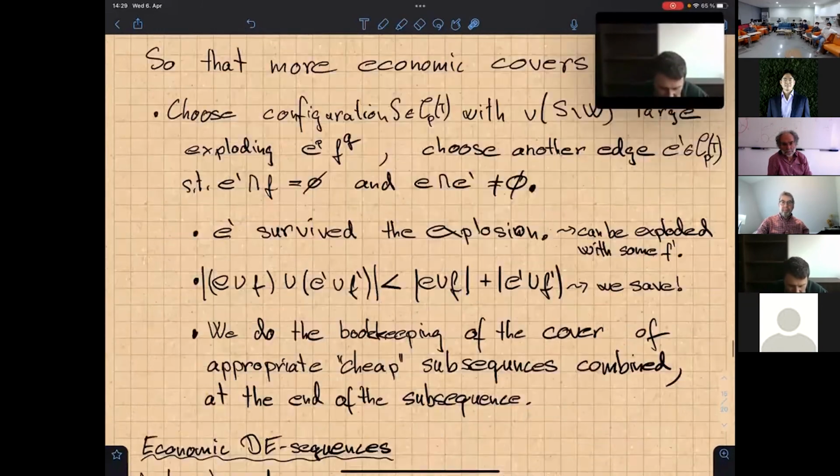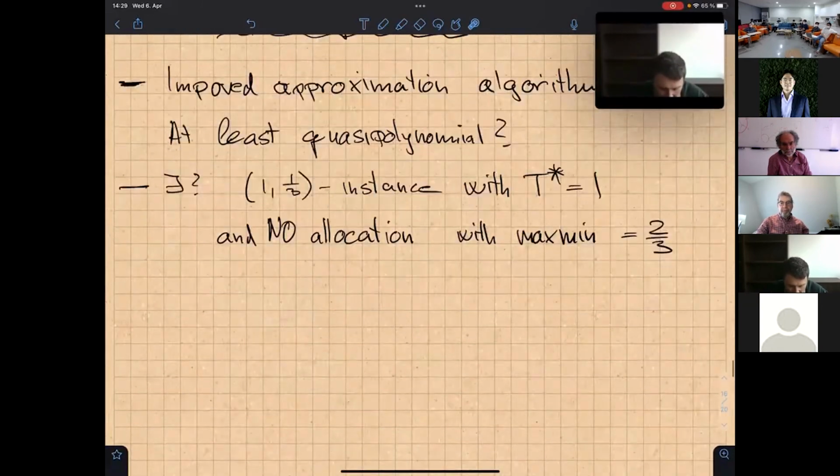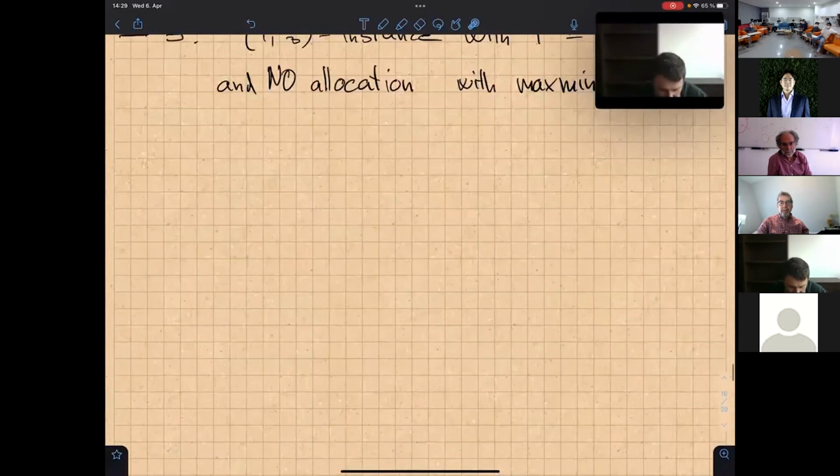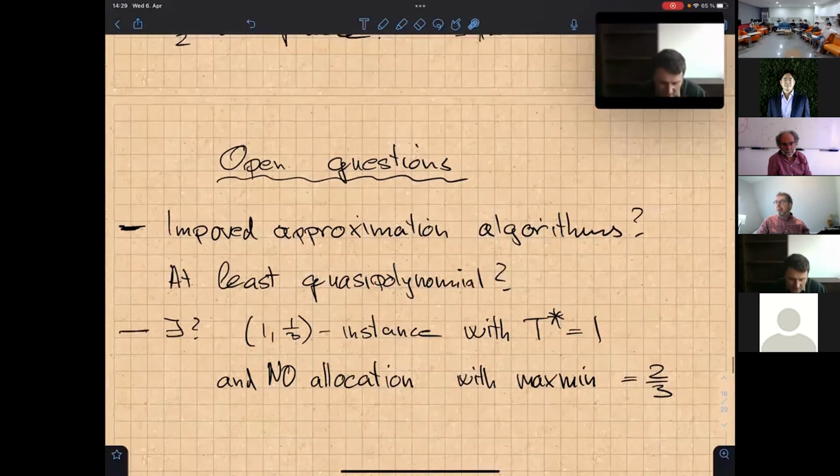Okay, so I will stop here. Maybe I will just say two obvious open questions. Our results are purely on the integrality gap. We don't know how to algorithmize it. We give the existence of such allocations, but we don't know how to get them. It would already be interesting to have better quasi-polynomial algorithms here.